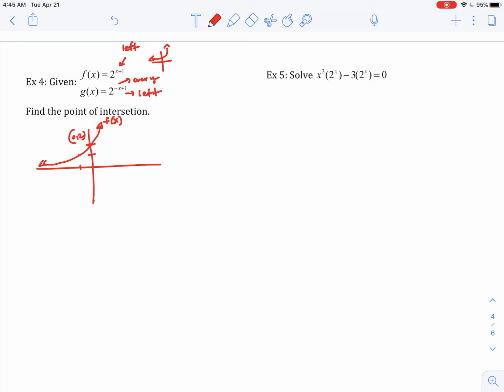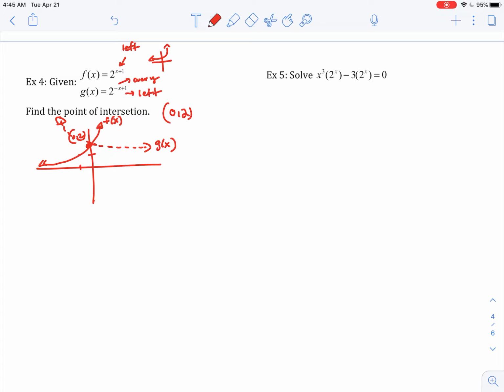And if we take our 2 to the x and we shift to the left first, and then we flip over the y-axis, then our graph would be doing something along those lines. And there would be our g of x. And we can already see in our picture that point of intersection where those graphs are intersecting. So we should already know that our answer is going to be 0, 2.